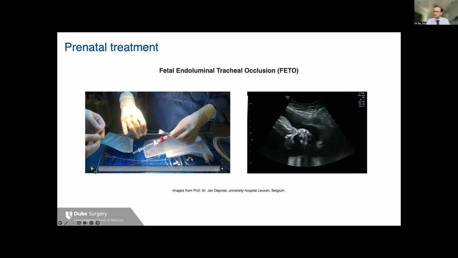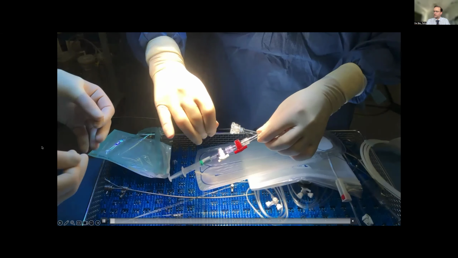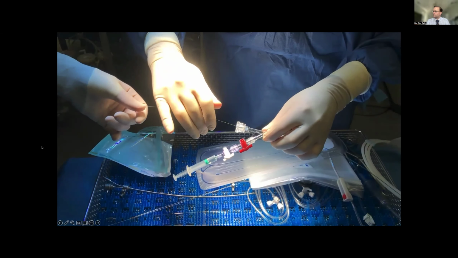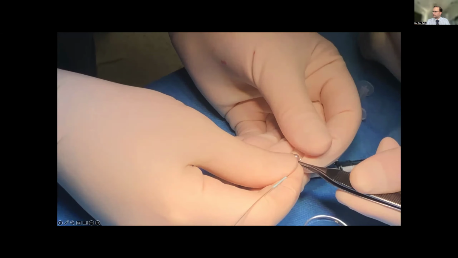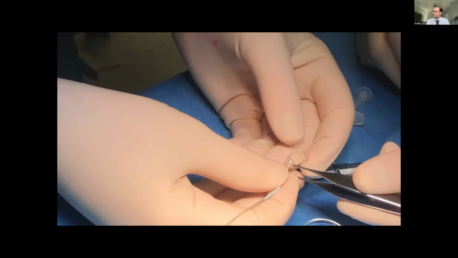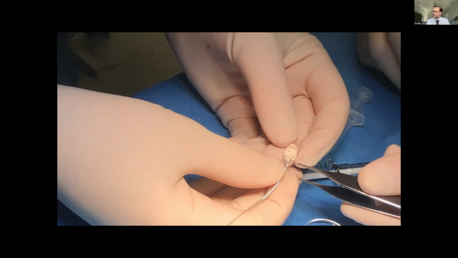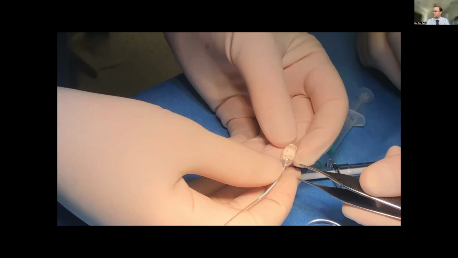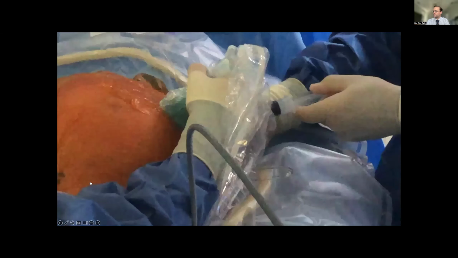So this is a little video on what the materials are. It's all introduced over a wire. So this is the balloon. And then introduced through this scope. This is one of the highest volume centers for this fetal intervention.